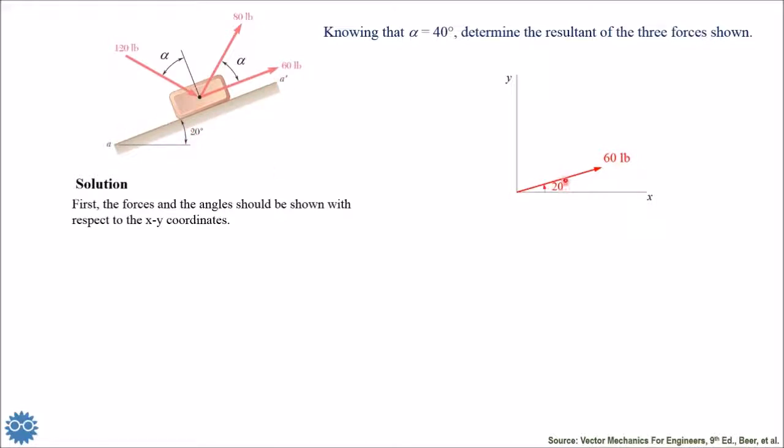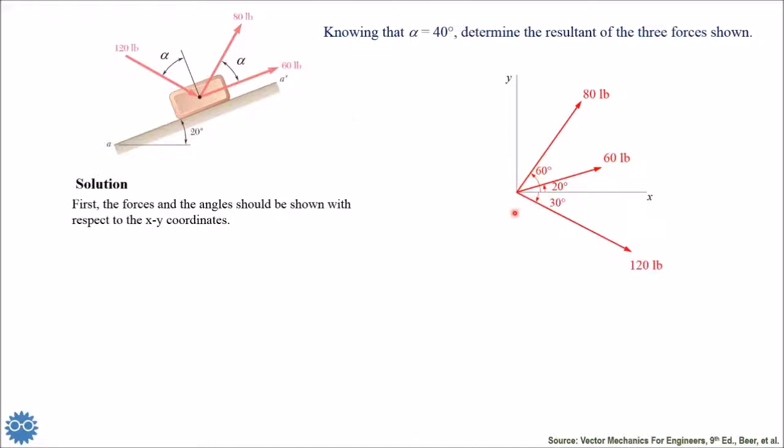So the angle between the force and the positive x-axis is 20 degrees. Here also we have 60 degrees for the second force, 80 pounds, because we know that alpha is 40, so 20 plus 40 is 60 degrees.